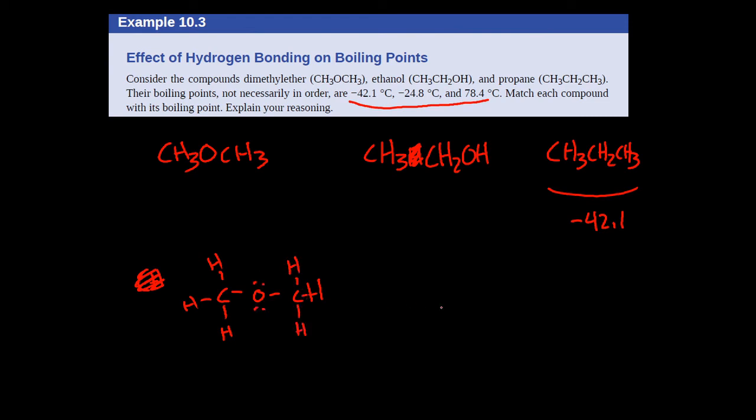So that is a dimethyl ether, and the ethanol would be something similar, only it would have the oxygen at the end attached to a hydrogen here. So both of these have polar bonds, and this is a polar molecule, even though if you just look at the Lewis structure, it looks like it might be symmetric, and so you might be tempted to say, oh, it's not going to be polar, but it is actually polar.